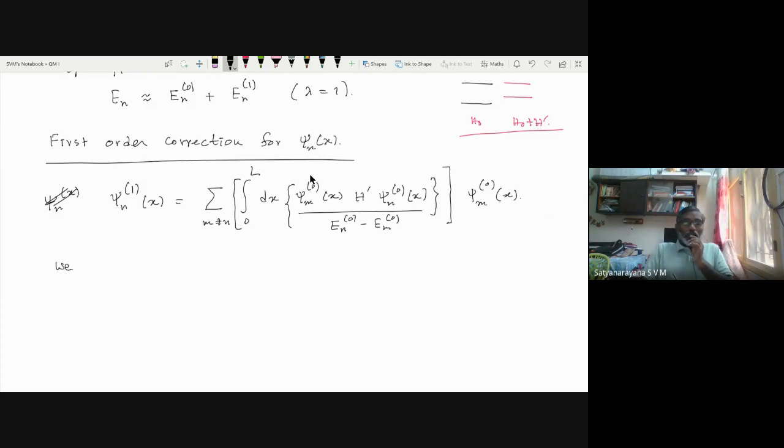So we have to solve the integral 0 to L dx psi m star of x into, of course, there is a v naught into delta of x minus L by 2, into psi n0, this is the zeroth order wave function of x.